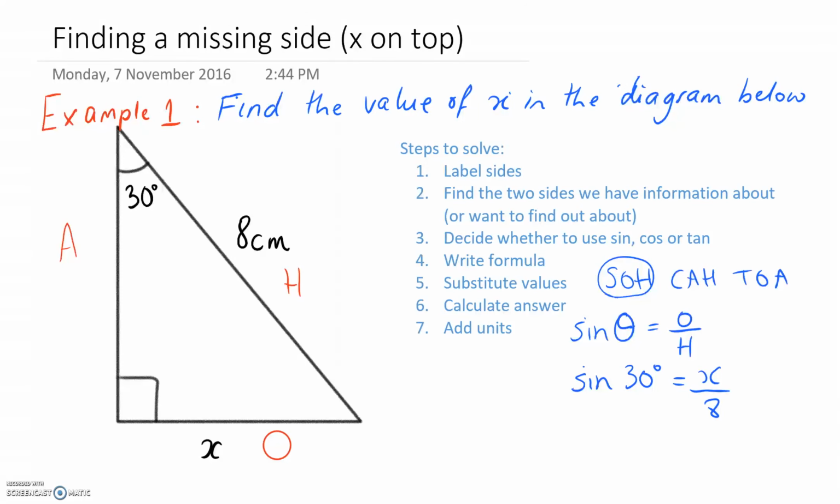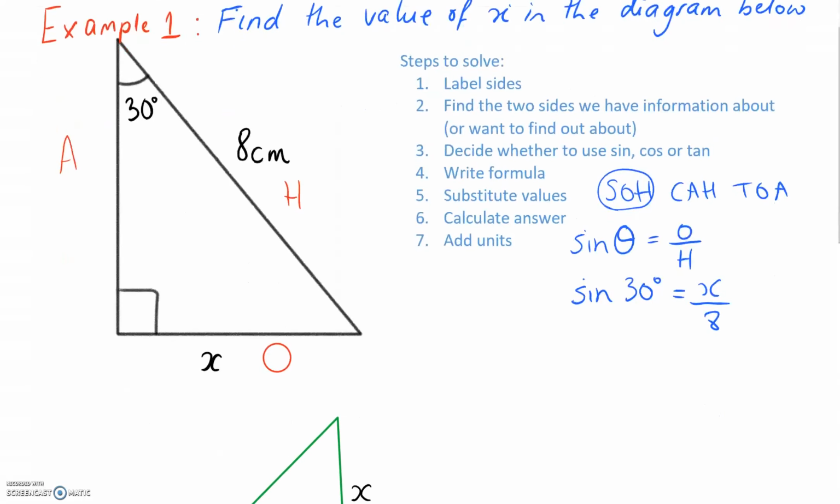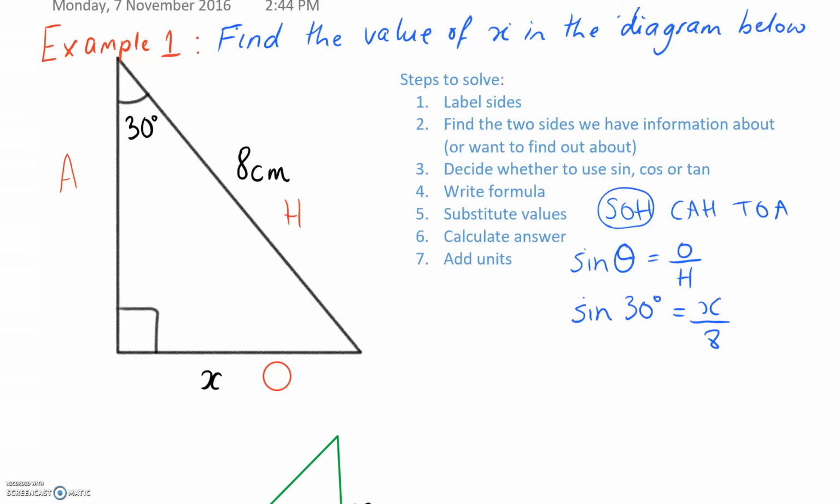From this step here, we're trying to get x by itself. And to do that, we need to get rid of the divided by 8. To get rid of the divided by 8, we do the opposite, which is times 8 to both sides. And we end up with 8 sine 30 degrees equals x.